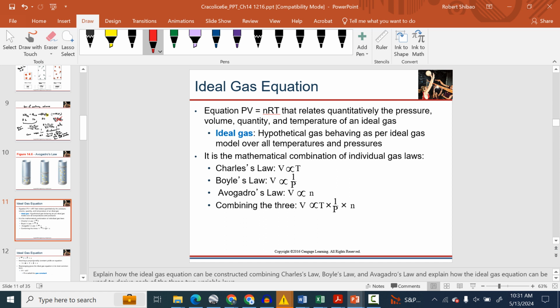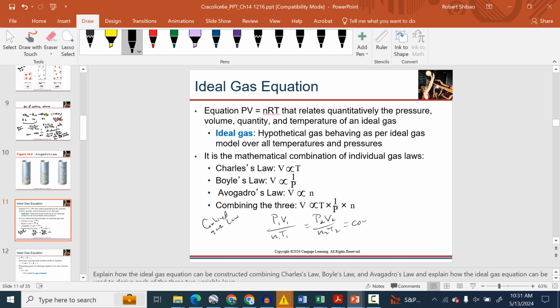When we do Avogadro's law and combine everything, this is what we end up with. This is the complete combined gas law. The complete combined gas law is P1V1 over N1T1 is equal to P2V2 over N2T2.